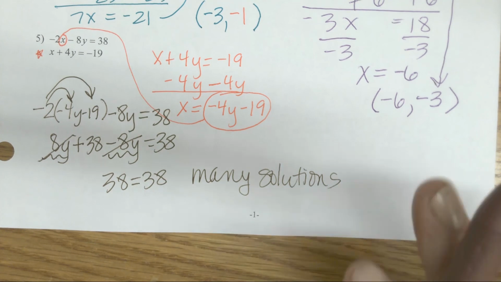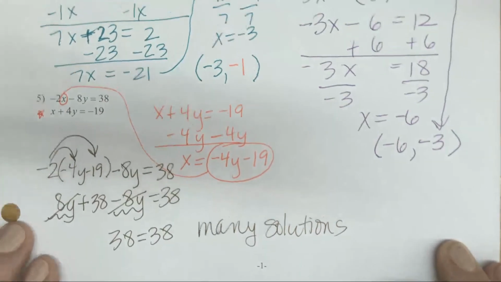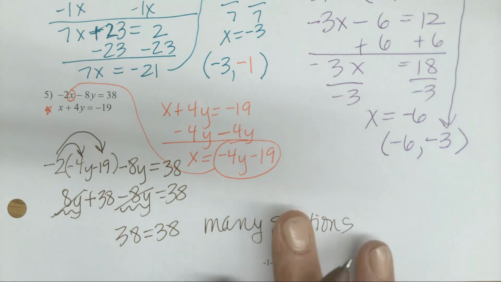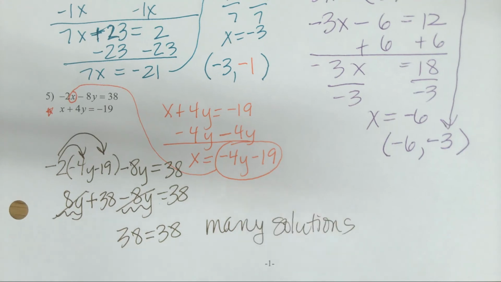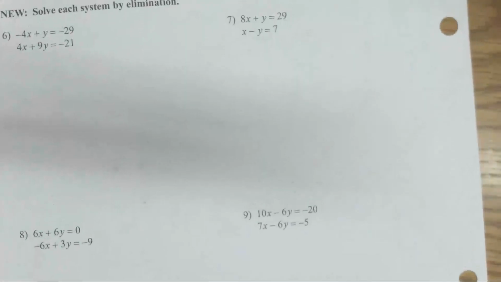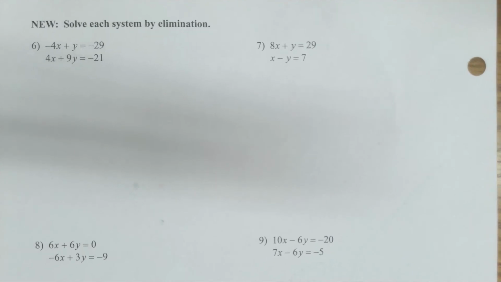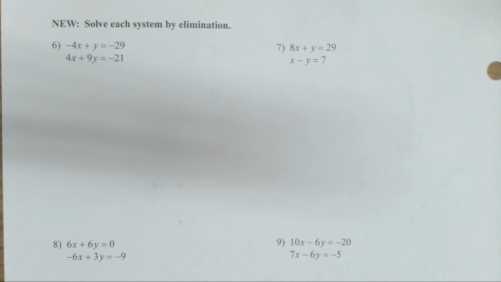Okay, so that was the old review stuff. There is yet another method. This is the last one we're learning. We're going to spend 2 days on it. On the back, we're going to run through a few problems, see how you do. It's called elimination. What you want to do is eliminate one of the variables.